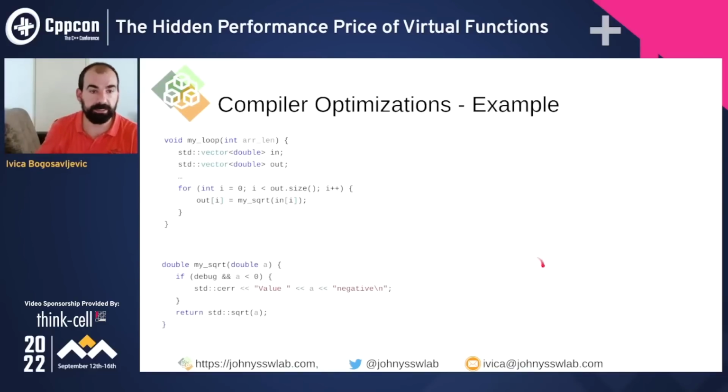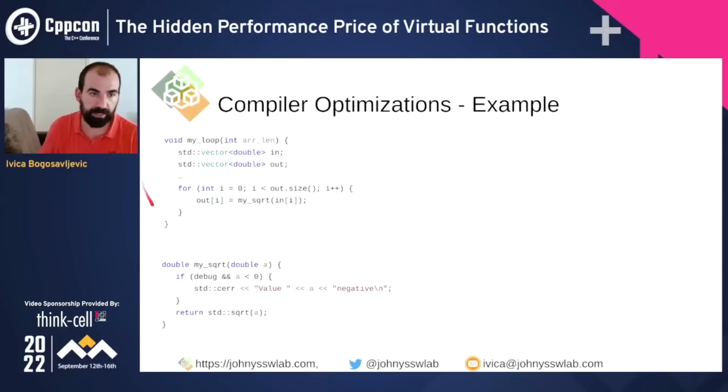So have a look at this example. We have this function called mySQRT. It says: if debug is set and a is less than 0, then print something on the error console, and return the square root of a.